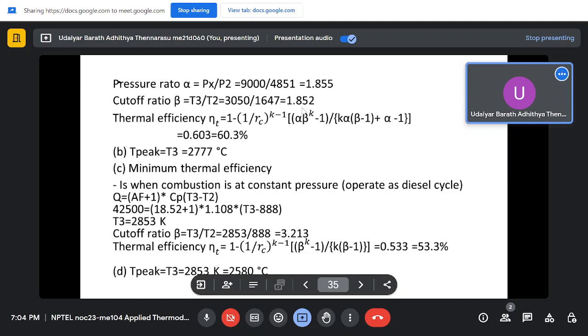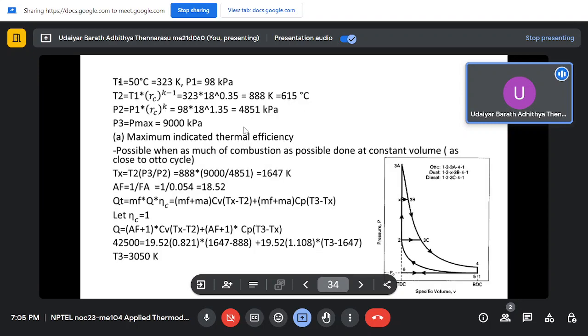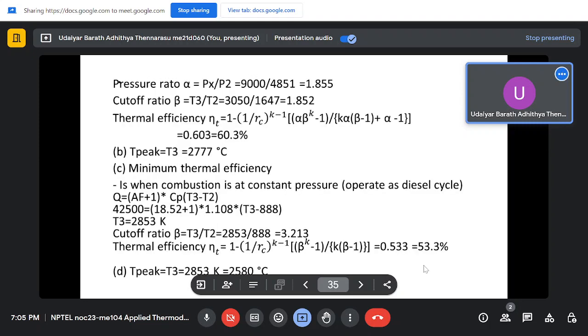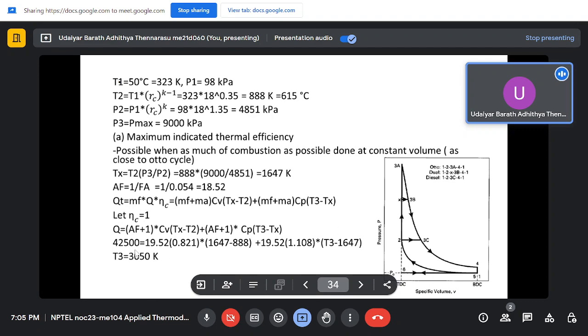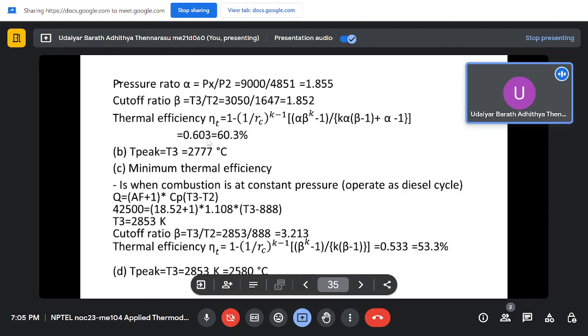On substituting all the values, we get 60.3%. So the maximum efficiency if the cycle operates as a dual cycle will be 60.3%. The peak temperature is T3, 3050 Kelvin, which will be 2777 degrees Celsius. That is the peak temperature which you can obtain.